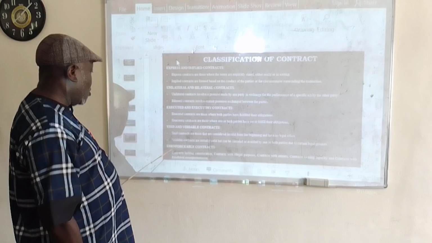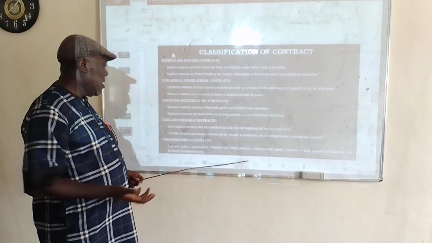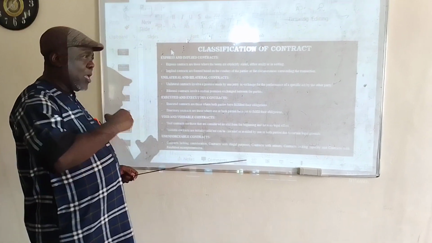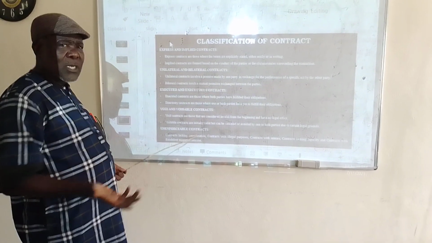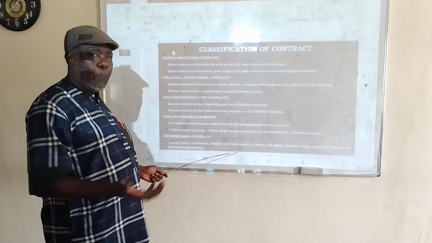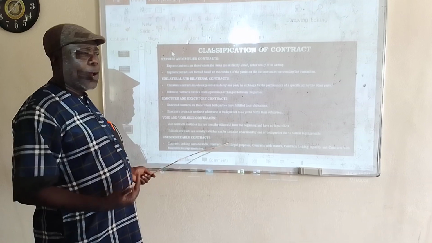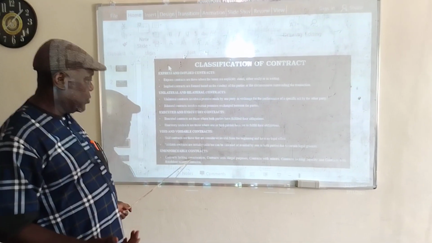Finally, we have what we call unenforceable contracts. These are contracts which are lacking in some material details. For instance, if a very vital element of a contract, say consideration, is lacking, the contract cannot be enforced. Contracts with illegal purposes: you enter into a contract to commit something illegal, definitely they cannot be enforced.